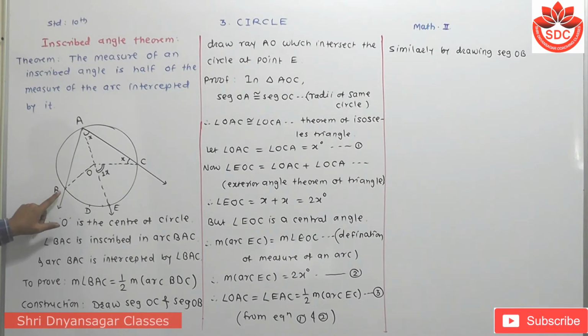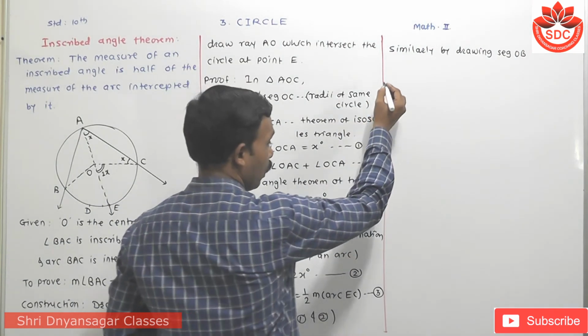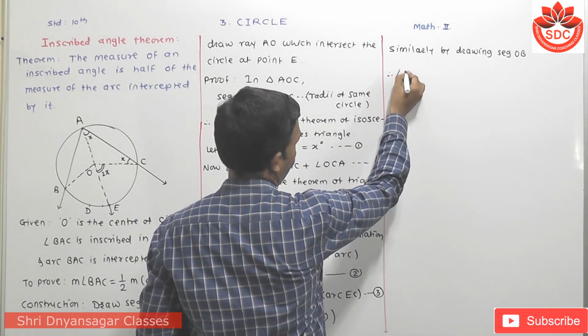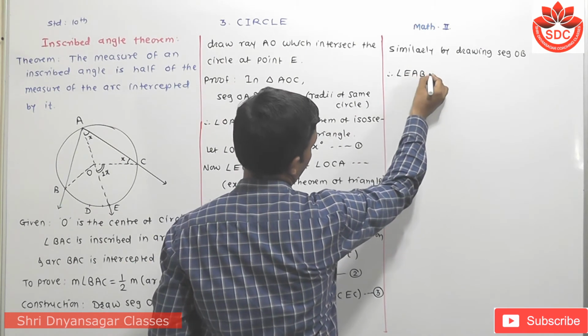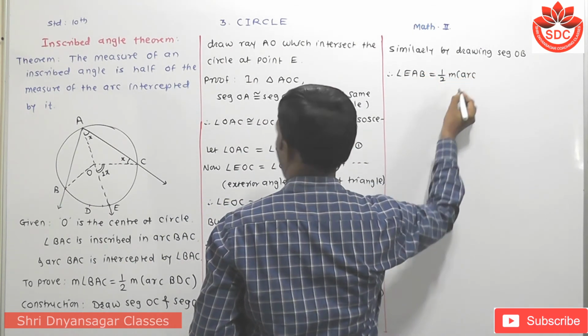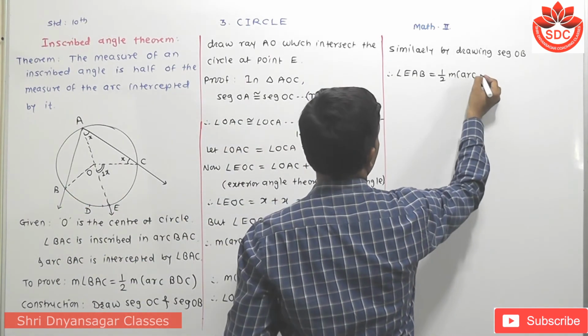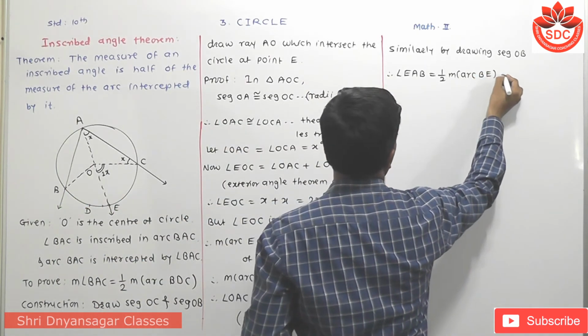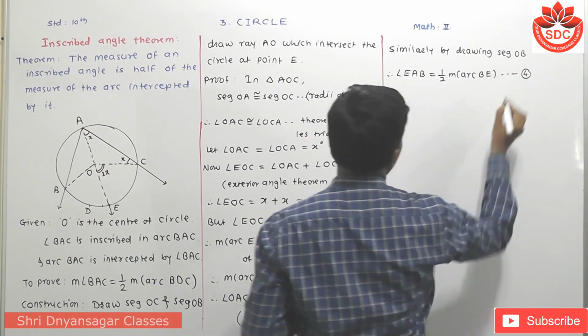We can find out the value of angle EAB or BAE. So therefore angle EAB is equal to half of measure of arc EB. Suppose that this is equation number 4.